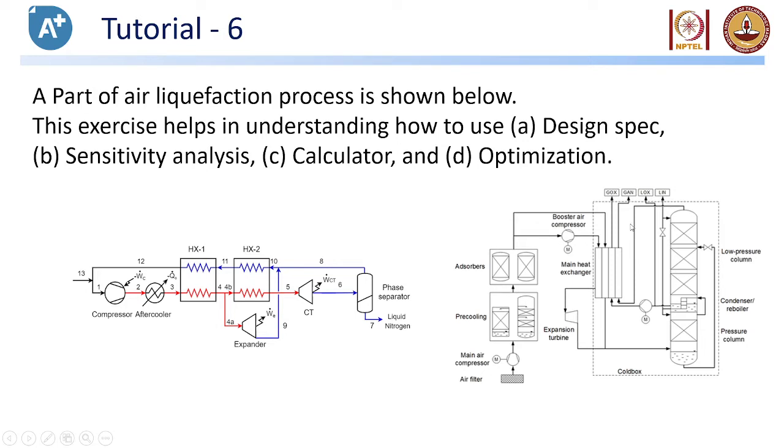So we have 3 sections in all. After finishing these 3 sections, what we learn properly is design using design spec, then sensitivity analysis, then how to use the calculator block in Aspen, and how to use the optimization tool available in Aspen. These 4 are our agenda for doing the air separation plant in 3 segments.